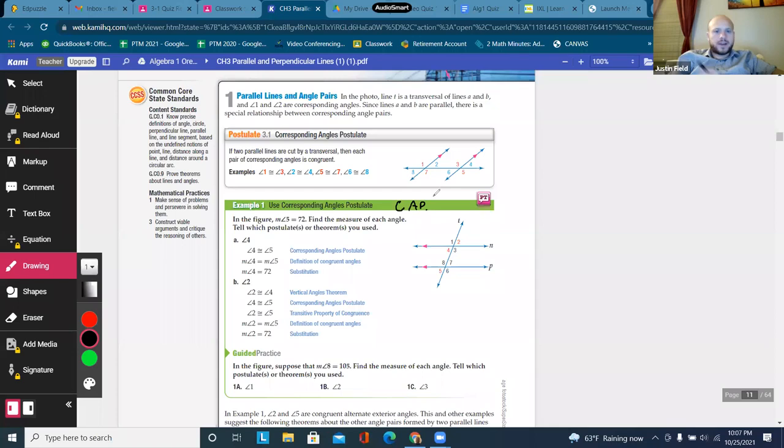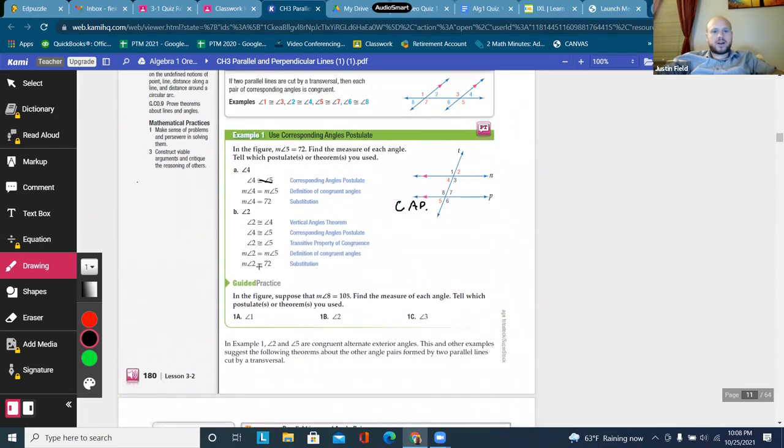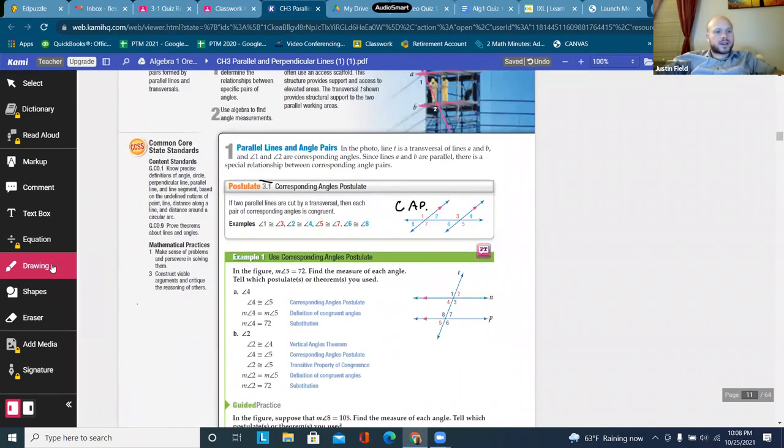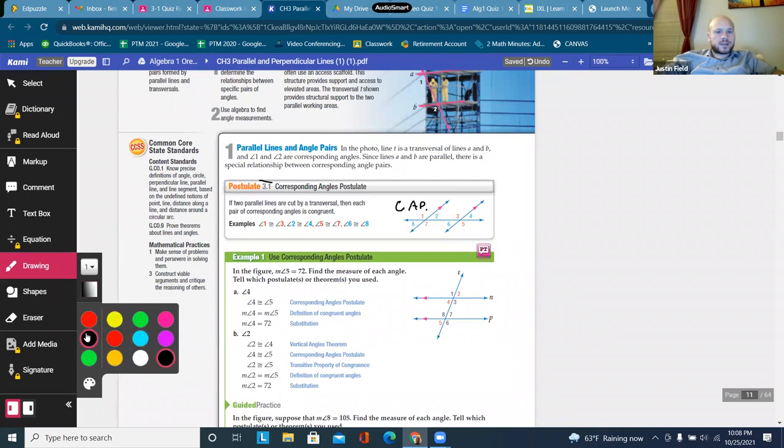CAP. All right. And that says that the corresponding angles are congruent if the lines are parallel. Very important.